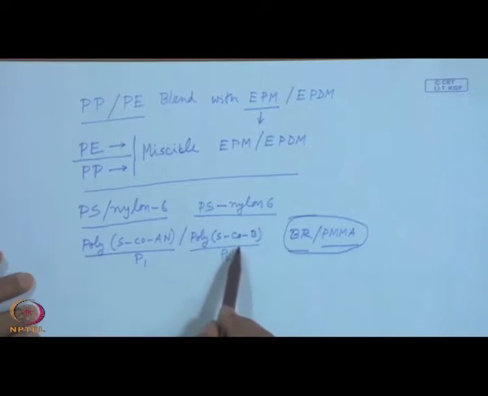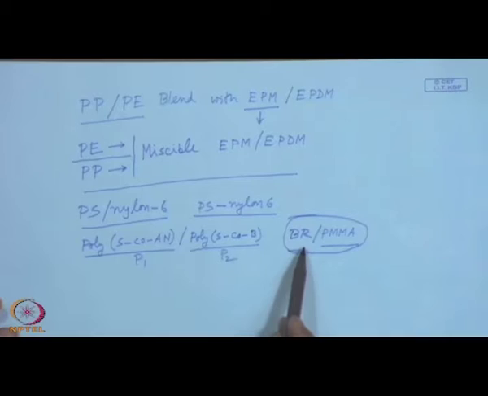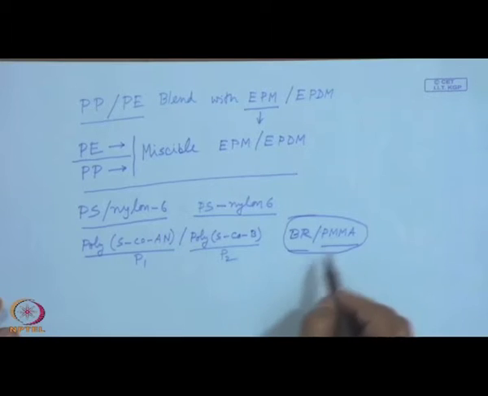This is an elastomer, but their miscibility is not available. In order to improve the miscibility between this styrene butadiene copolymer SBR with the styrene acrylonitrile copolymer, a block copolymer of butadiene and PMMA acts as compatibilizer to increase the properties.